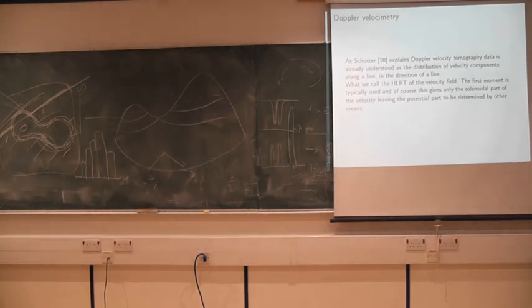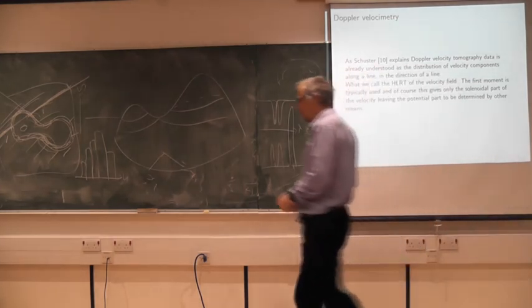Right? So with the Helmholtz decomposition, you get the curl part, which is basically the circulation, which is often what you're interested in. But the field could also have a potential component. So the first moment gives you the solenoidal part of velocity, and that's easy. So the other part, the potential part.